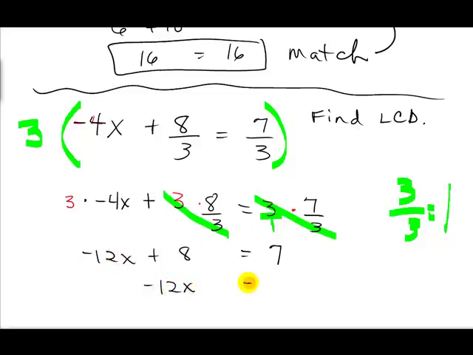I'm going to move that 8 over. I'm going to subtract 8 from both sides. And then to get rid of this 12, I'm going to divide by negative 12 on both sides.